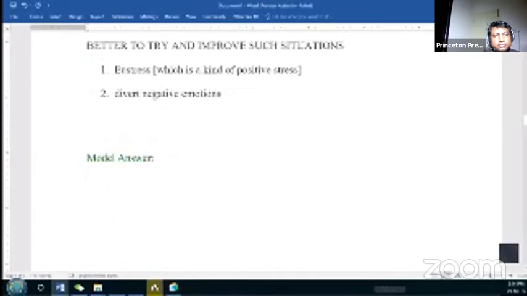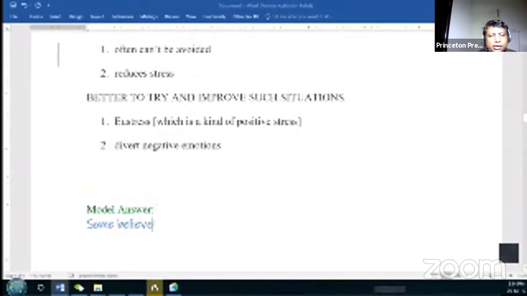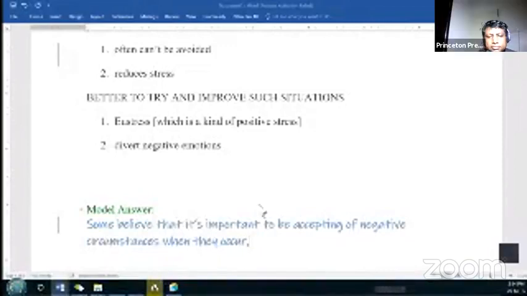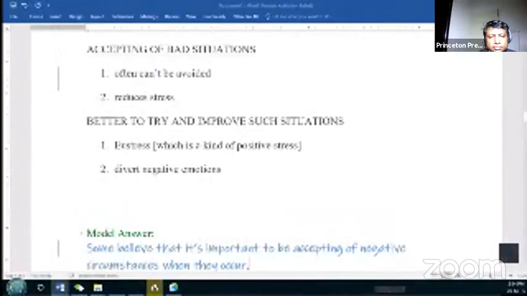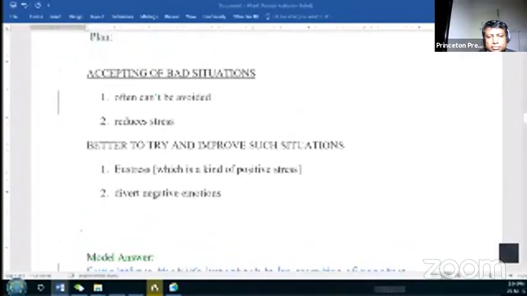I'll just go quickly through the introduction. Some believe that it's important to be accepting of negative circumstances when they occur, whereas others emphasize that it's better to try to seek solutions in such situations.